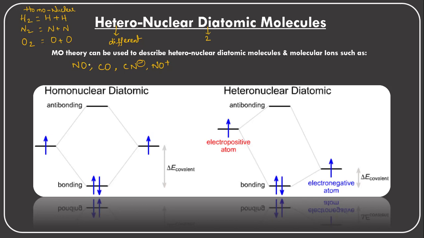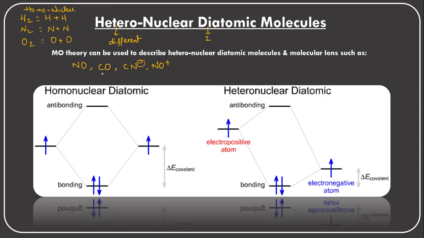So atoms of two different elements merge together to form nitrogen monoxide. Similarly, carbon is a different atom and oxygen is an atom of the element oxygen.